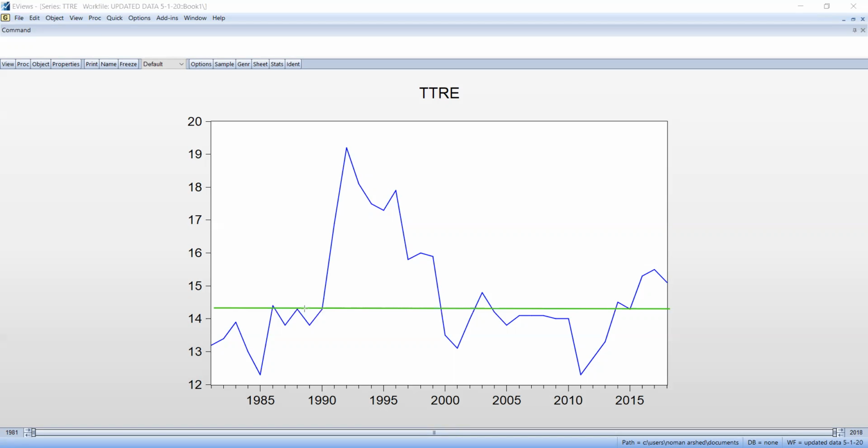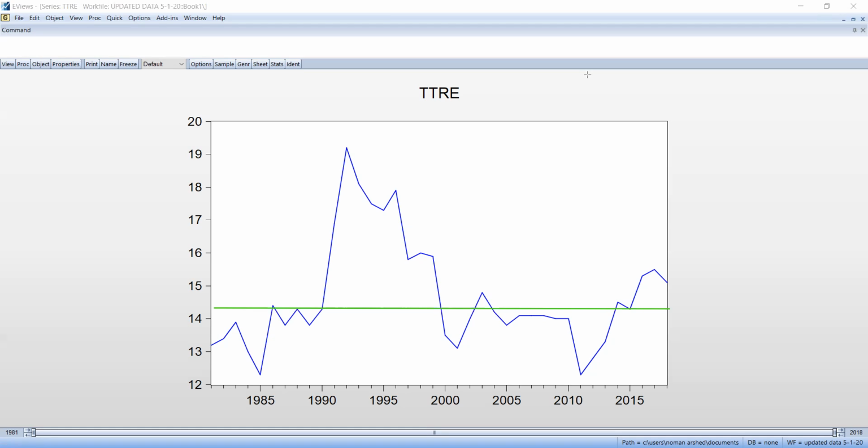And since this most representative line does not have any angle, it looks like a horizontal line. It looks horizontal because the blue line is actually revolving around it. At the start it was below, then it came above, and then went below and above. So it is not showing any persistent increase, so the series does not have any trend.